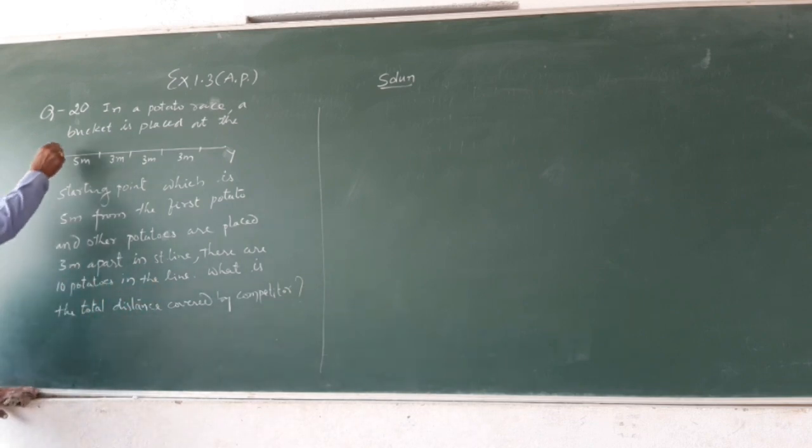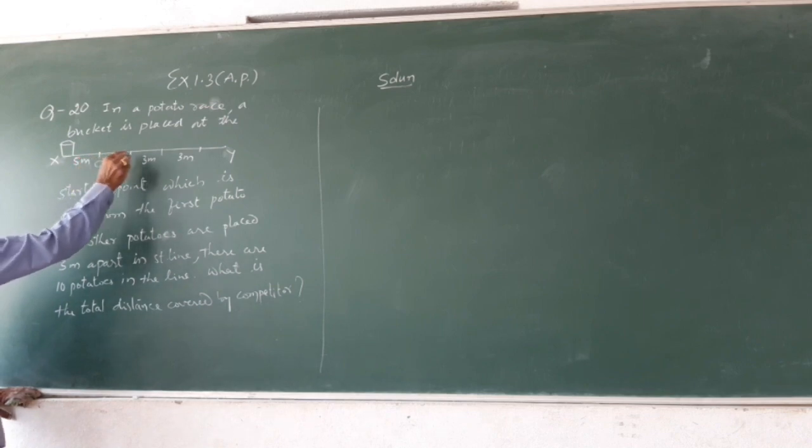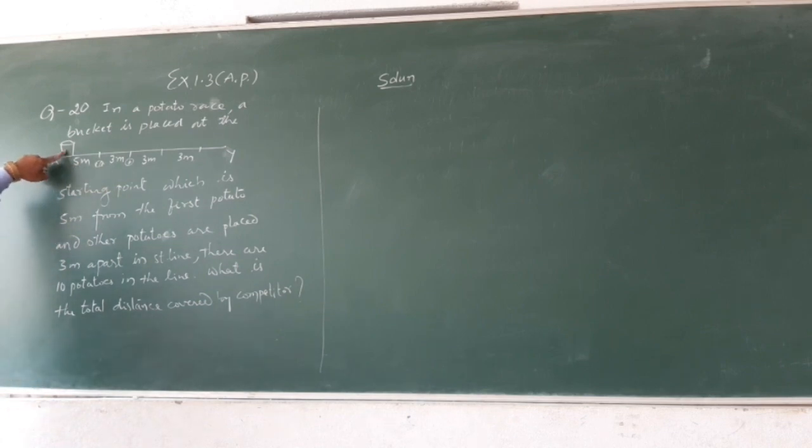See, here is the bucket. The potatoes are placed here. There are 10 potatoes. That means n equals 10. To drop a potato in this bucket, he has to run twice.